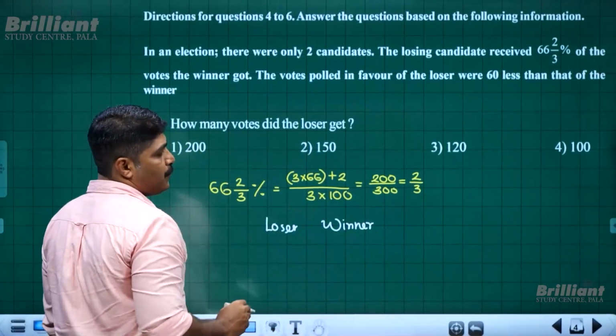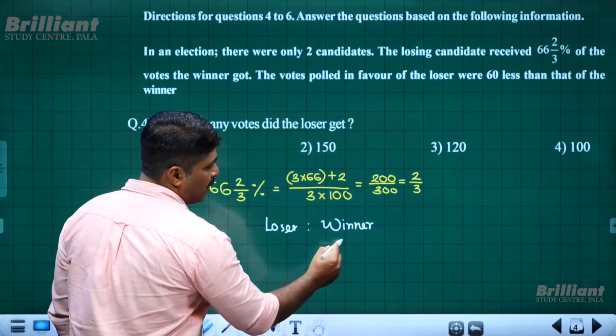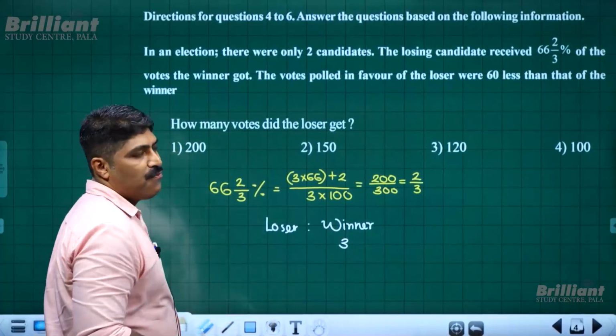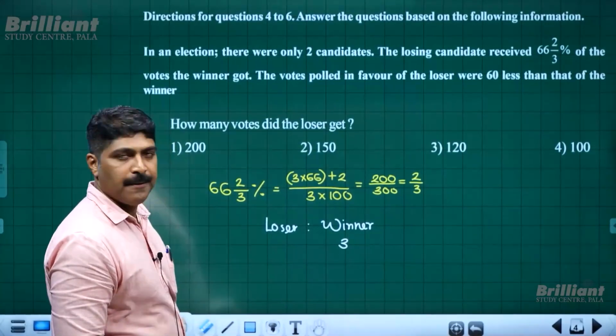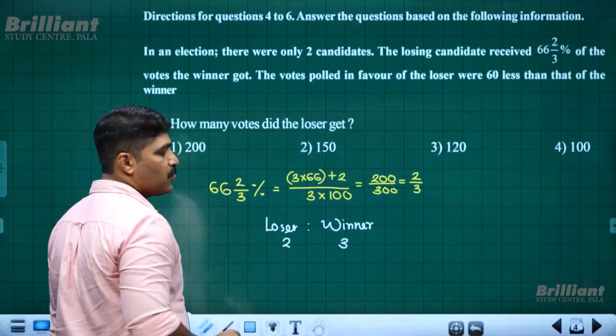So this is 2 and 3, 2/3. I am going to put the winner's number of votes as 3, and the number of votes received by the loser is 2.